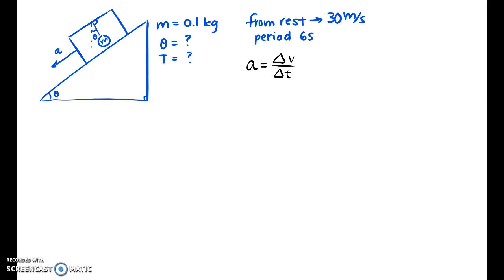Our final velocity is 30 meters per second, and we subtract the initial velocity. Since we started from rest, our initial velocity was 0 meters per second. We're given that the time to accelerate from 0 to 30 meters per second is 6 seconds. So we find that our acceleration is 5 meters per second squared.